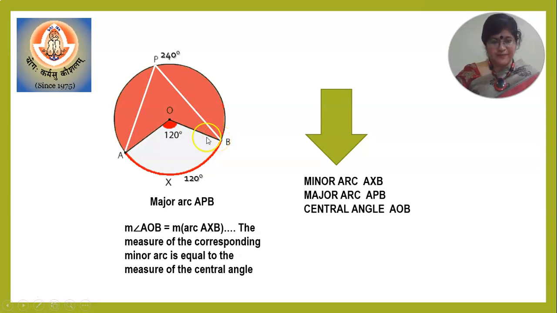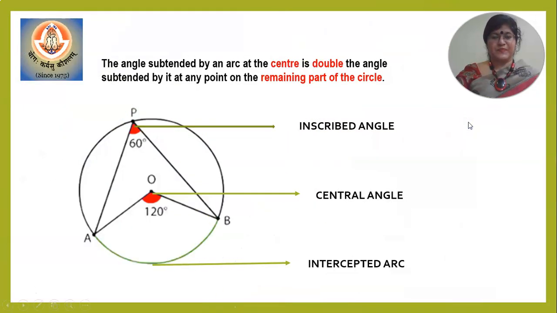Now at the same time, there is an angle APB. What does this angle APB represent? Let us have a look at the next slide. You have done this theorem.